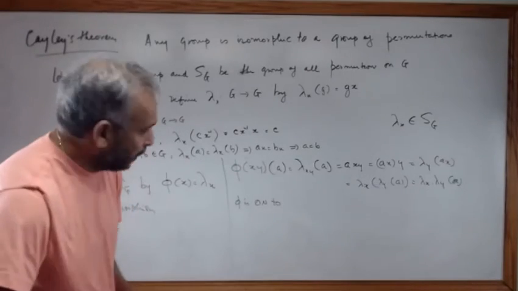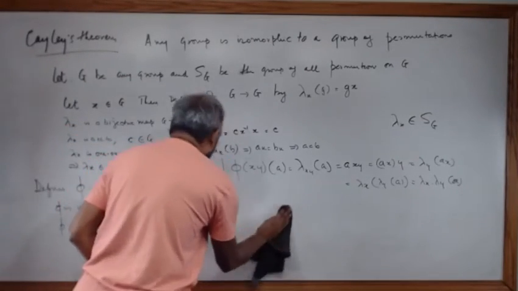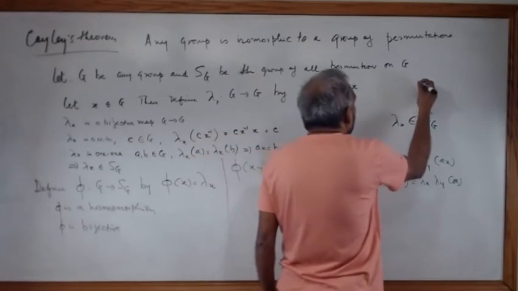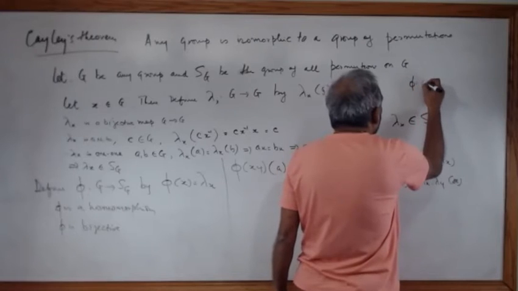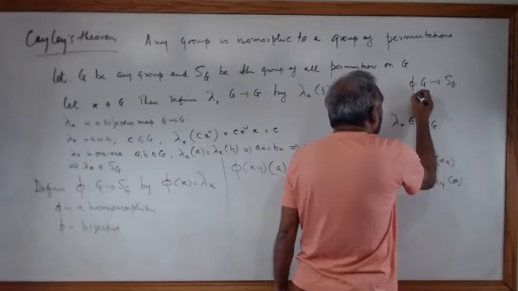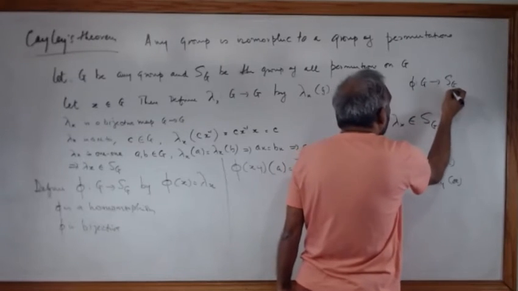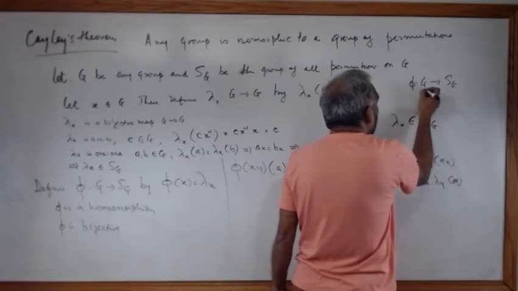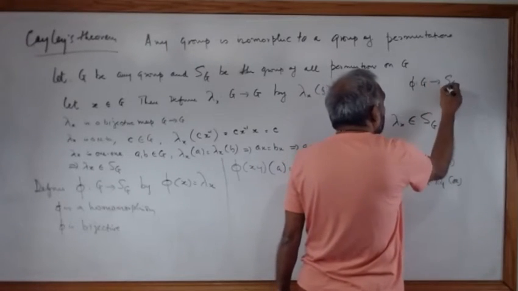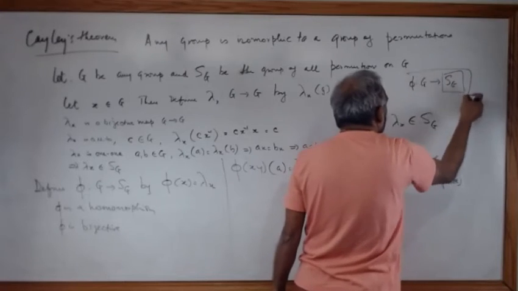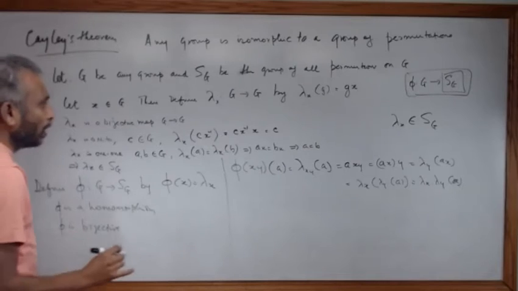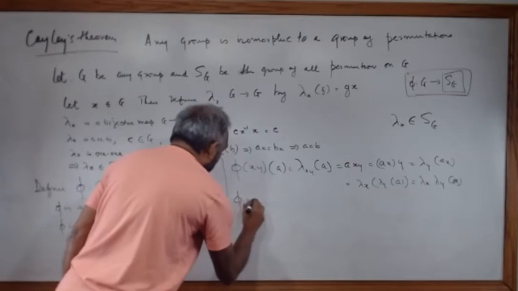We consider phi from G to S_G, and the subgroup of S_G that is the image of G only, so that is always onto. We are not taking the whole of S_G. So all we need to do is show phi is one-to-one.